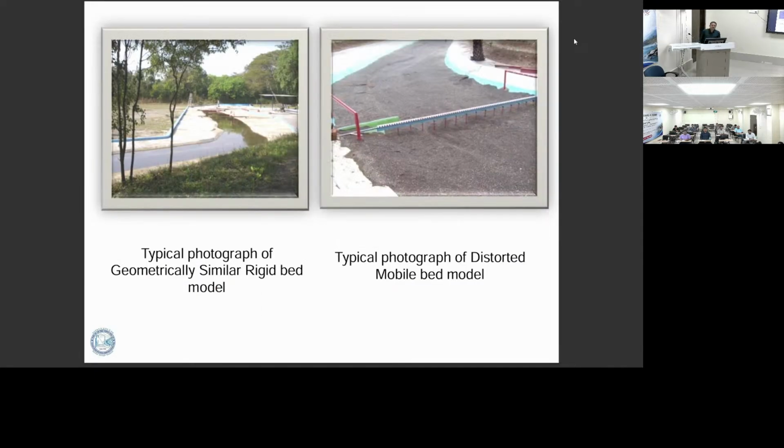Now here you can see a typical geometrically similar rigid bed model, meaning the bed is plastered in this case, so there is no movement of sediment. Whereas here it is a distorted plus mobile bed model. This is a bridge model of Gumuda in Vamsadhara river. You can see the bed is mobile, so when you pass water, there will be movement of bed material.